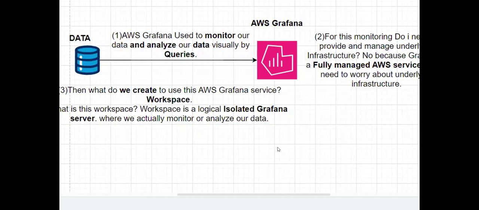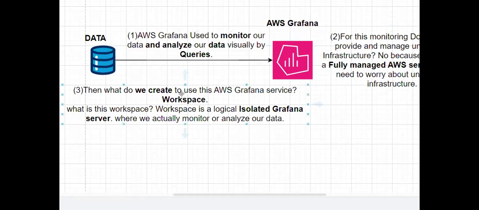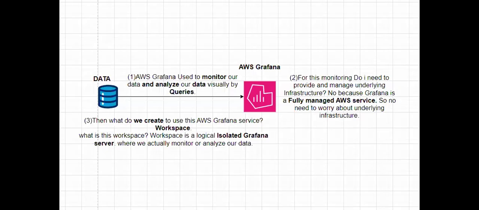So I hope you got the main important points related to Grafana. Let's once again revise them. What is Grafana? Why do we use it? Grafana is a fully managed AWS service where we monitor and analyze data visually by using queries. Right? Yes. Do we need to create any servers or provide any underlying infrastructure?